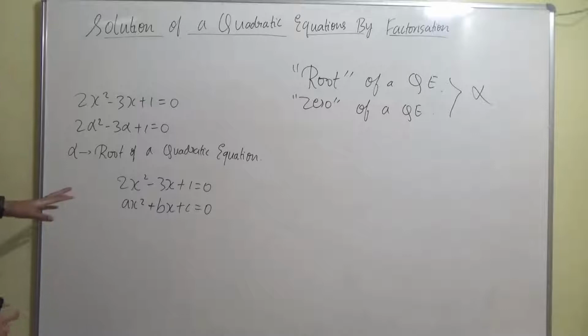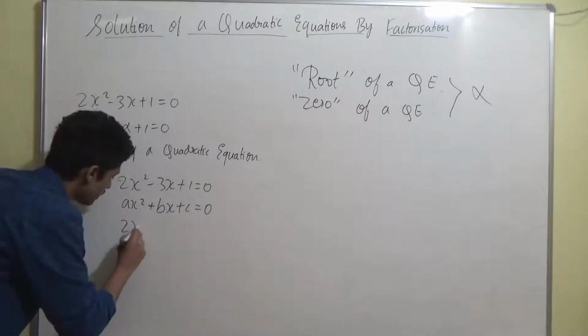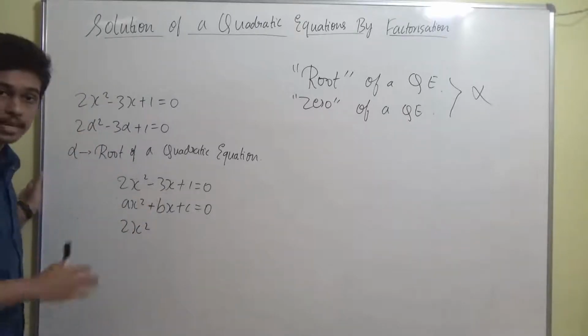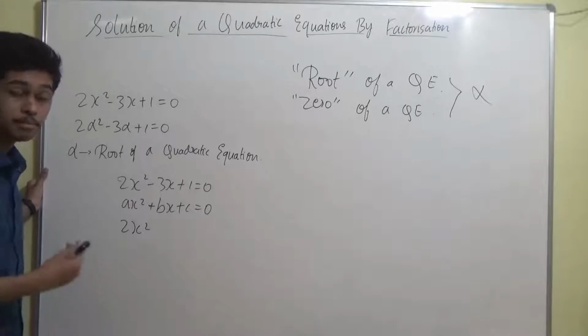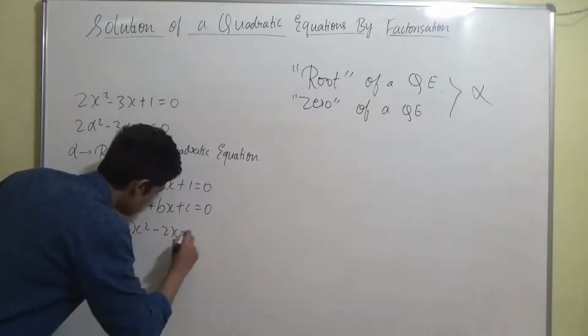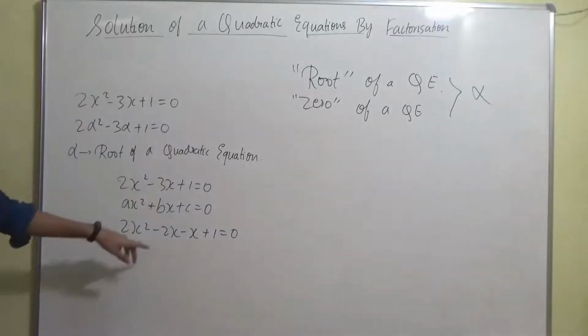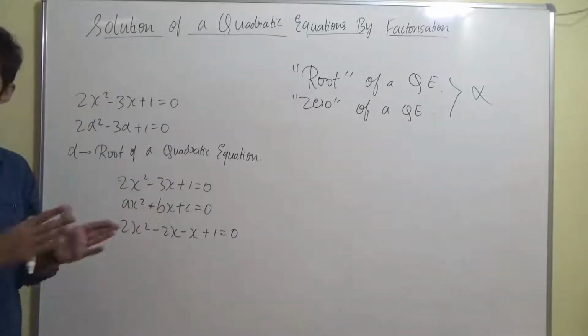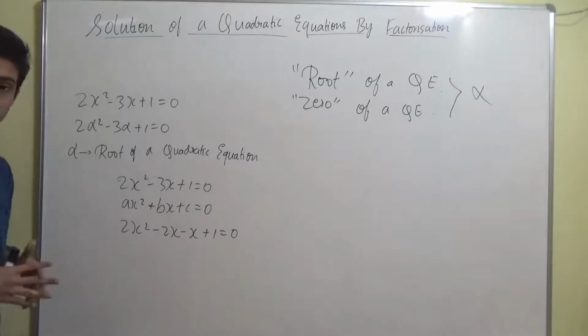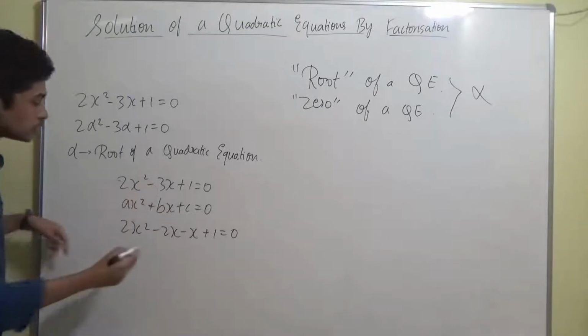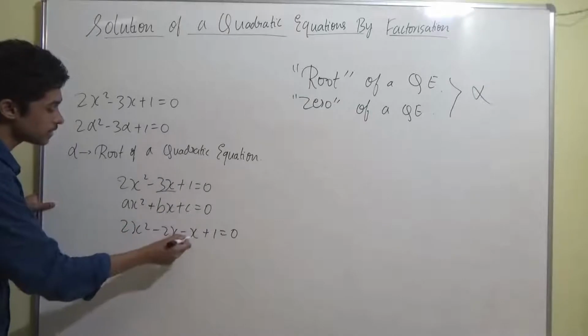Getting it, guys? For example, I'll do this one. So 2x square, now minus 3x, I'll write it as minus 2x minus x. Now when I write in this format, if I add it up, minus 2x minus x becomes equal to minus 3x, right? So when I sum this, it's becoming minus 3x.